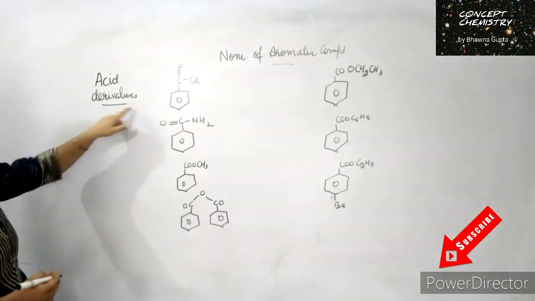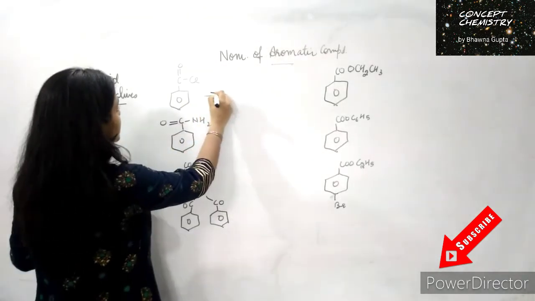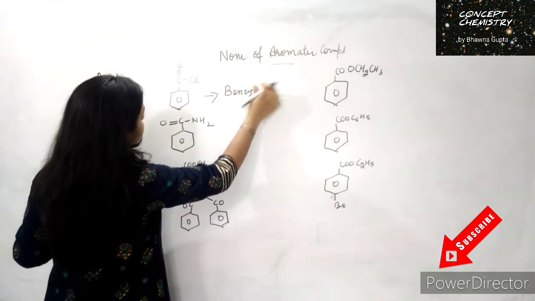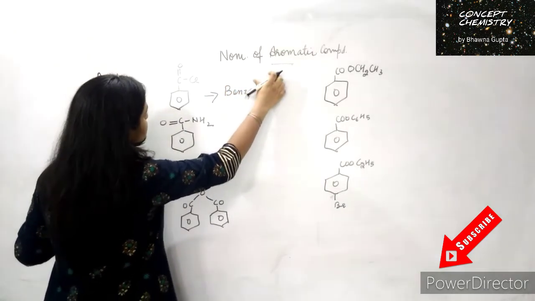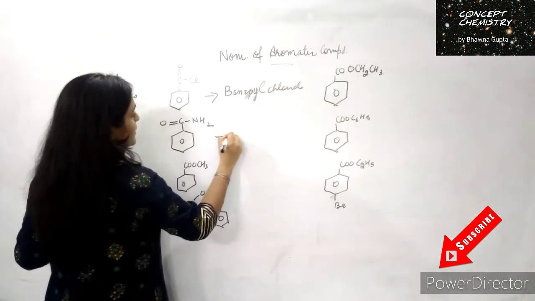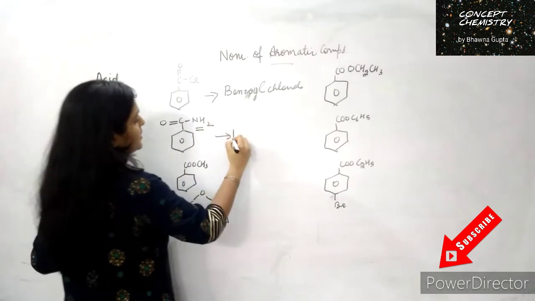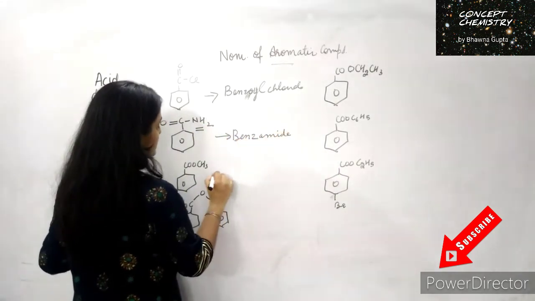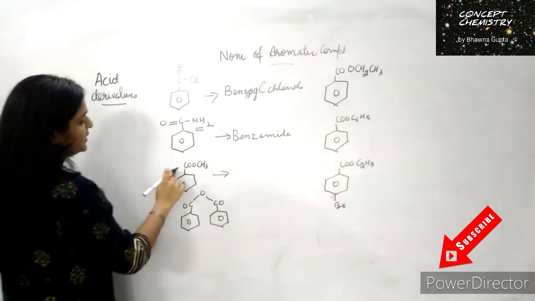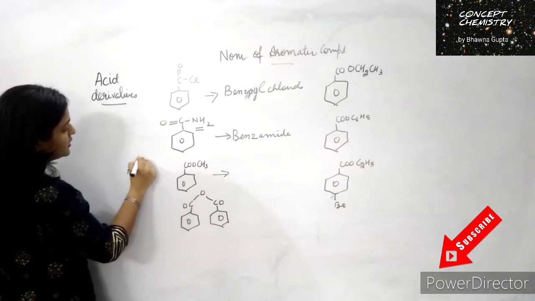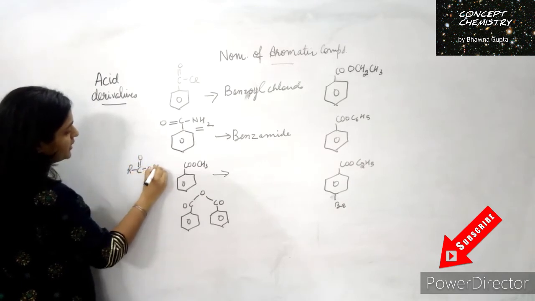Next we have acid derivatives. First one is benzoyl chloride. This is an amide group, benzamide. This one is the -oate group. -Oate is for ester, RC double bond O R dash.